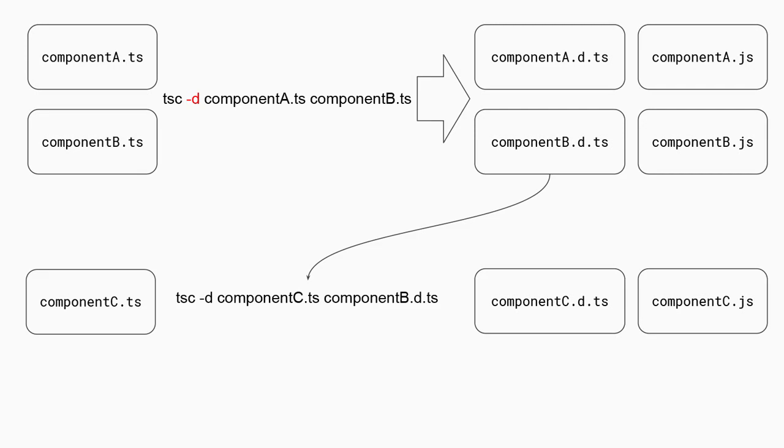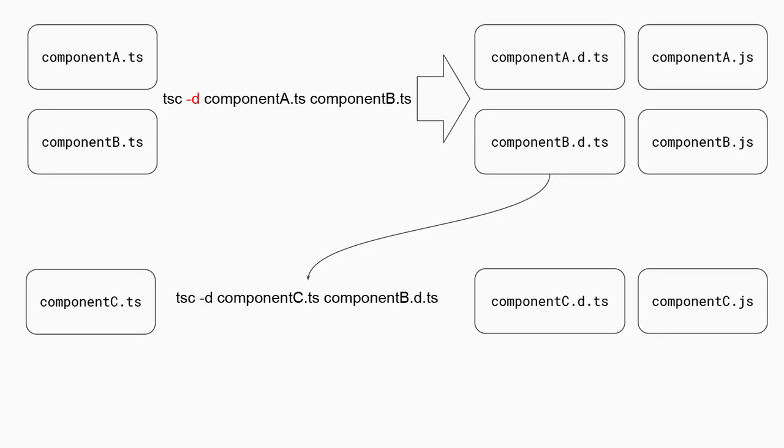And since this all is described through Bazel, if you only touch, let's say, B, but you don't actually change the public interface of B, the rebuild for C does not need to happen, right? Because the .d.ts file is the same. So you get very nice incrementality.